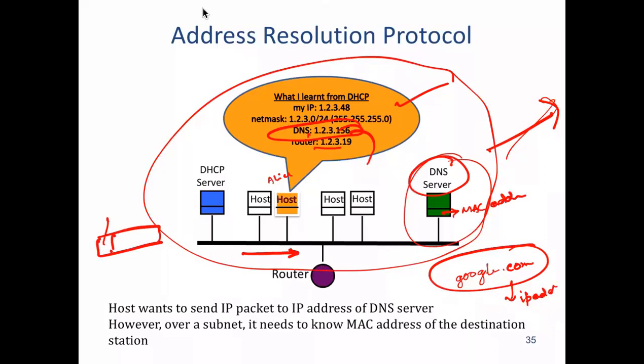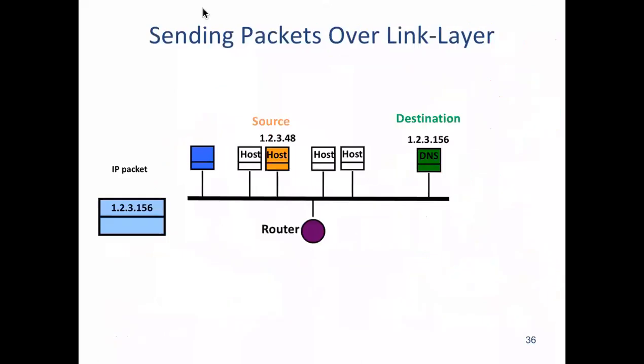In order to know that, she has to use a protocol called Address Resolution Protocol, which gives a mapping from an IP address, which she knows, to the MAC address of that machine. This mapping is nothing but the outcome of the Address Resolution Protocol. Okay, so this is what it is. She knows the IP address, but she doesn't know the hardware address.